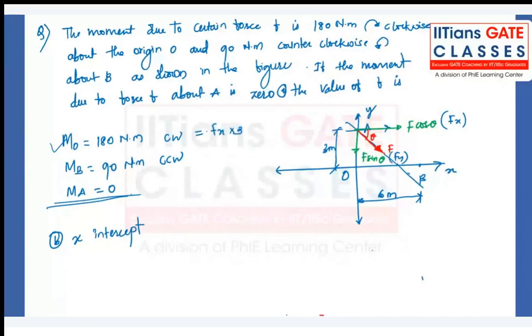And what is this 90? 90 Newton meter is created because of this vertical force Fy. So we should write it as Fy into 6. Then only, this Fy force which is acting at 6 meters away from point B is creating a counterclockwise moment, right? So yeah, that's all.